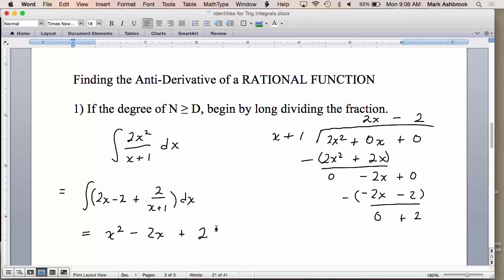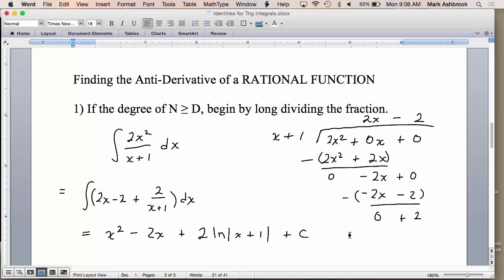You're all thinking it, right? Thank you. Natural log. I need absolute value. Plus c. Antiderivative of 1 over something, natural log, because the derivative of natural log is 1 over, or x to the negative 1.